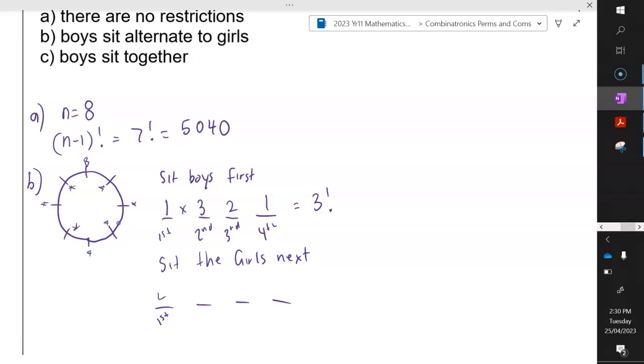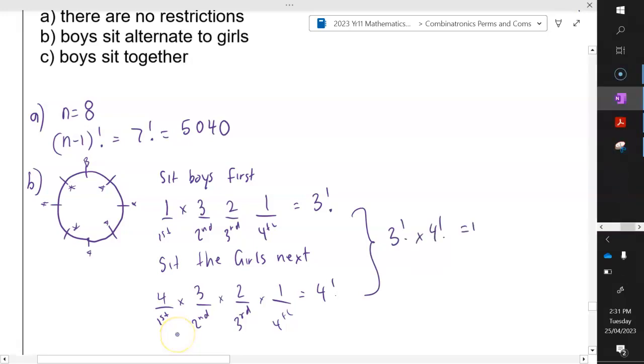The first girl's got 4 spots in which she can choose to sit. The second girl's got 3 ways. The third girl's got 2 choices, and that last girl just sits in that last spot. So there's 4 factorial ways that the girls can sit. So all up, in seating them, we've got 3 factorial times 4 factorial ways, which is 144 ways.